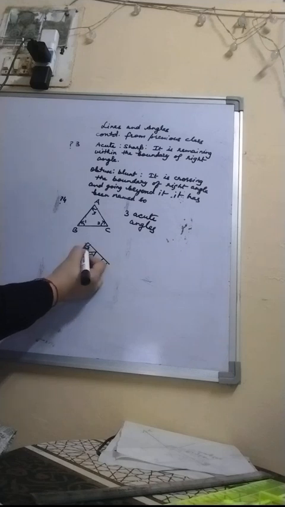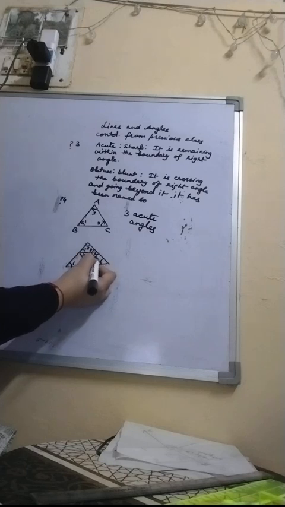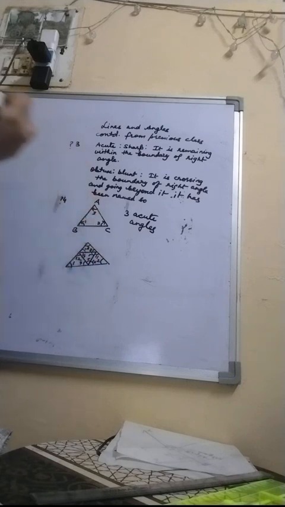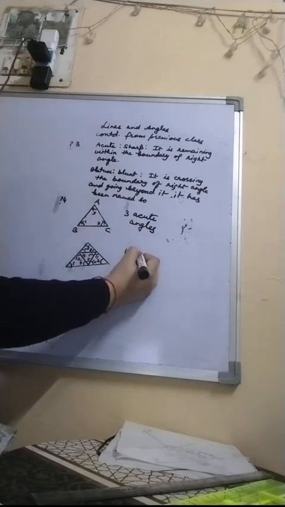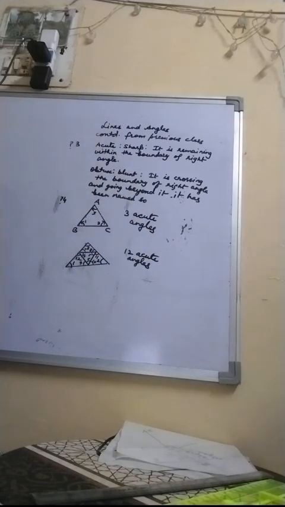So this is 7, this is 8, this is 9, this is 10, this is 11 and this is 12. So there are 12 acute angles.